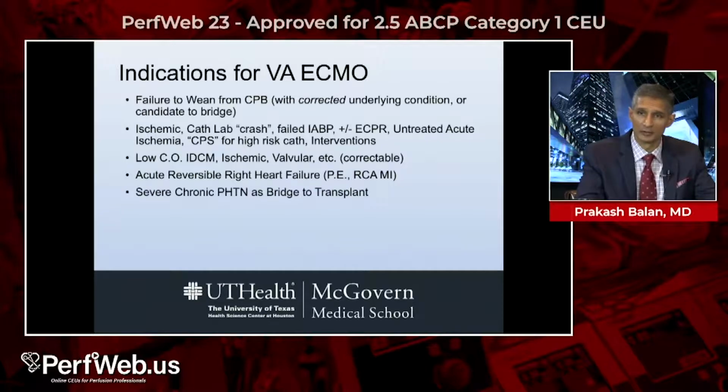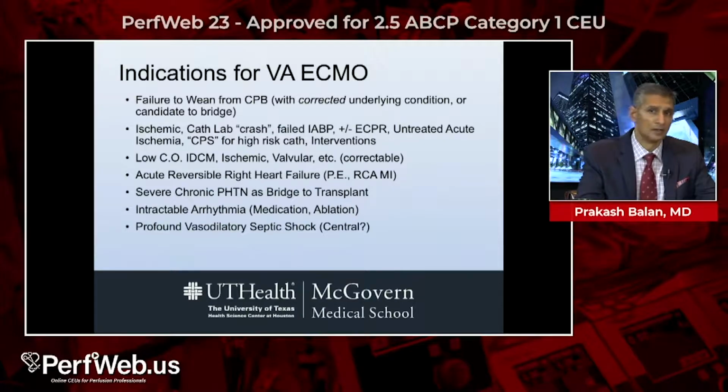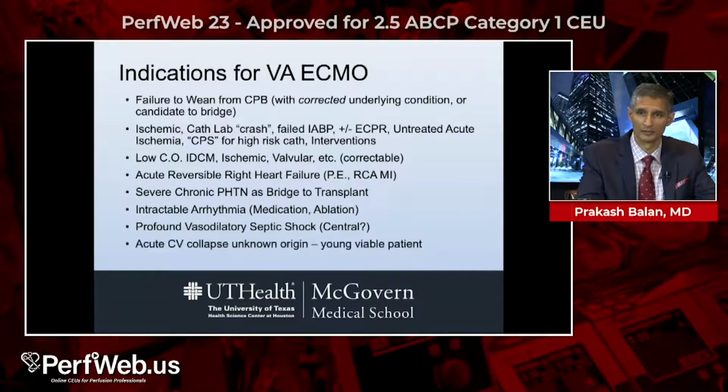Chronic pulmonary hypertension using ECMO as a bridge to transplant for profound right heart failure is certainly a valid option. Intractable arrhythmias, VT storms, ECMO can be used to bail these patients out. Even septic shock, profound vasodilatory shock, until you can correct the underlying infectious cause, ECMO can provide the necessary support for your patients.